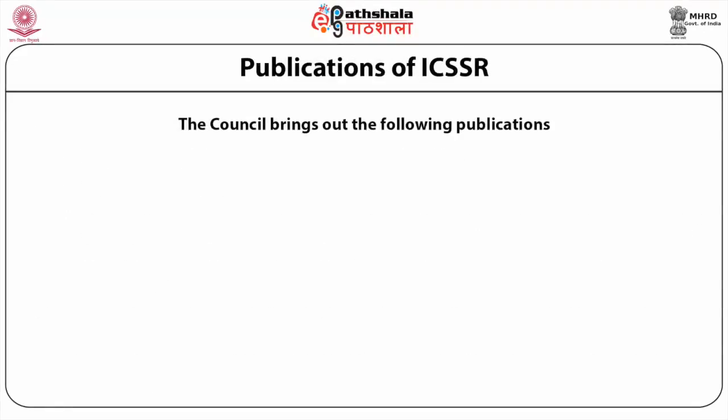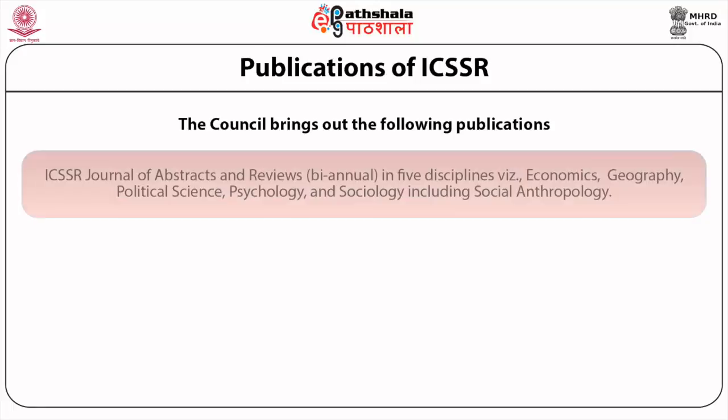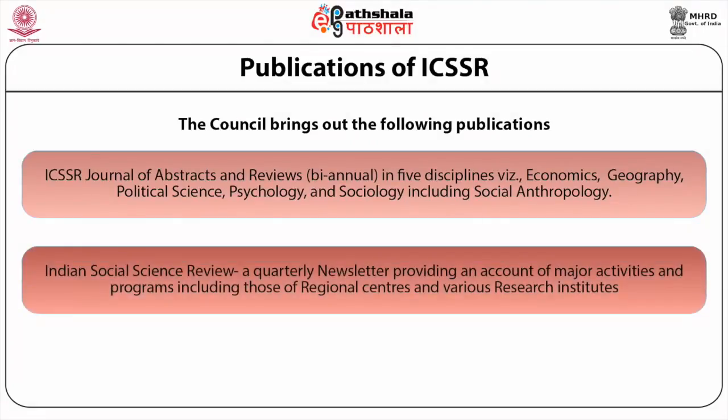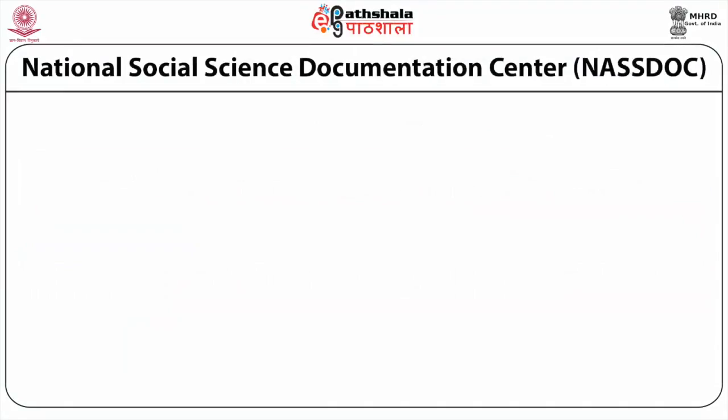The Council brings out the following publications: ICSSR Journal of Abstracts and Reviews, which is biannual, in 5 disciplines: economics, geography, political science, psychology, and sociology, including social anthropology; and Indian Social Science Review, a quarterly newsletter providing an account of major activities and programs, including those of regional centers and various research institutes.